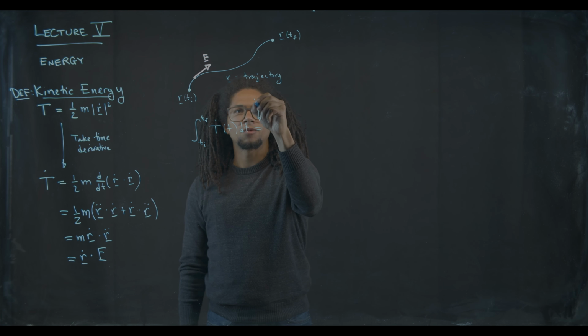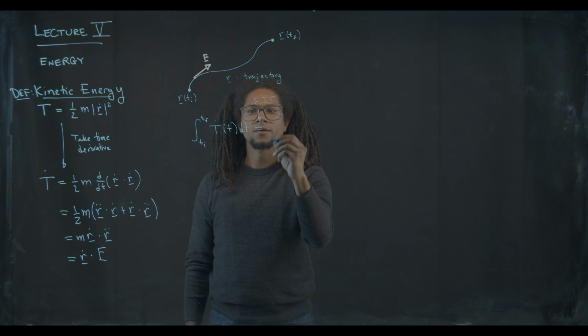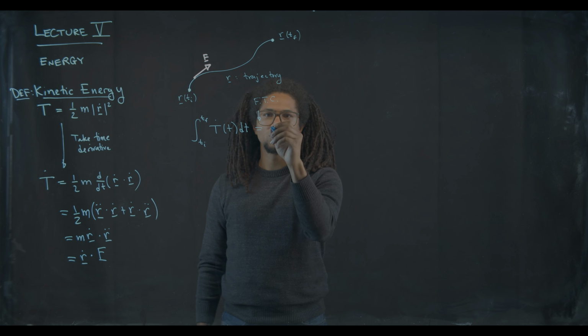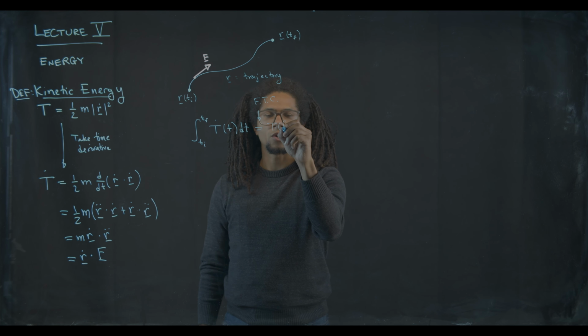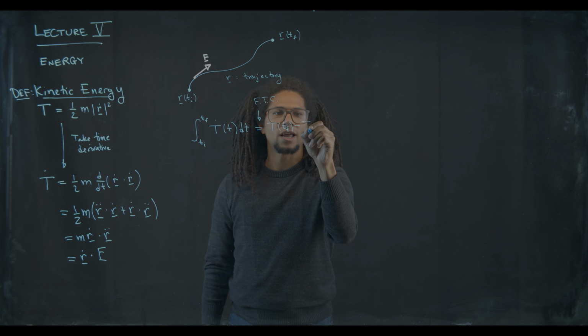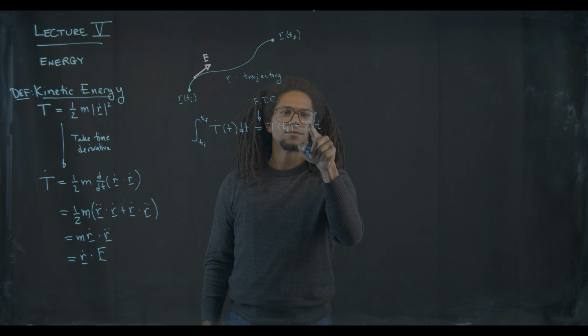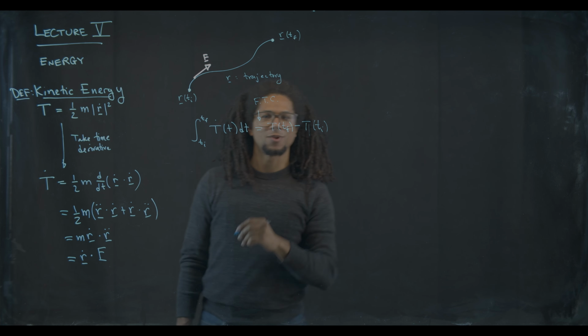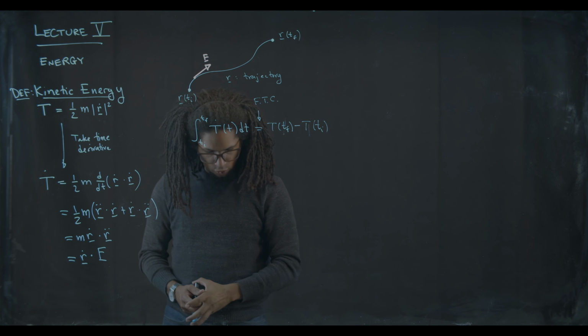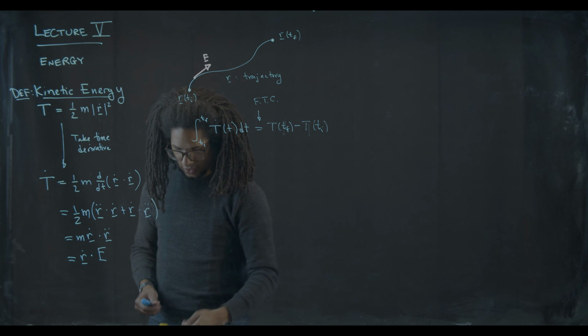By the fundamental theorem of calculus, this just gives me the difference in T between these two times. So T final, sorry, the kinetic energy at t final minus the kinetic energy at t initial. There we go. But I can use my formula here to look at this in a different way.